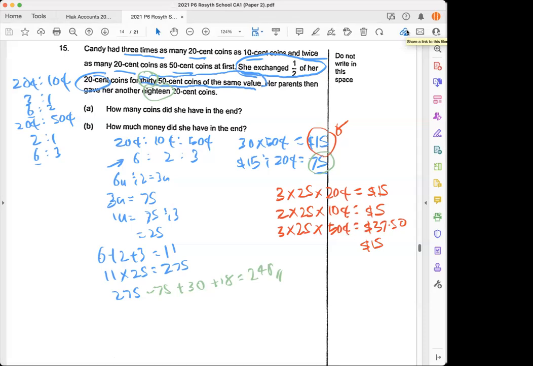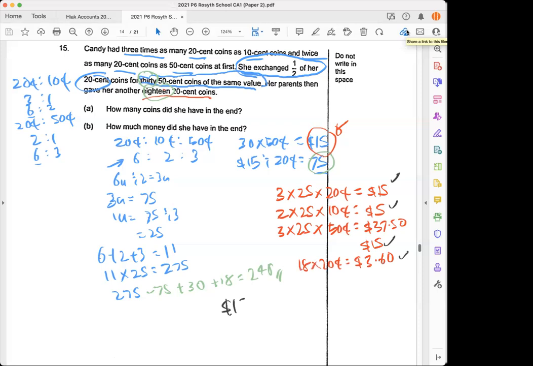And then there's 18 20-cent coins given by her mother. So there's 18 times 20 cents. That will give you $3.60. So altogether, the value is this plus this plus this plus this.